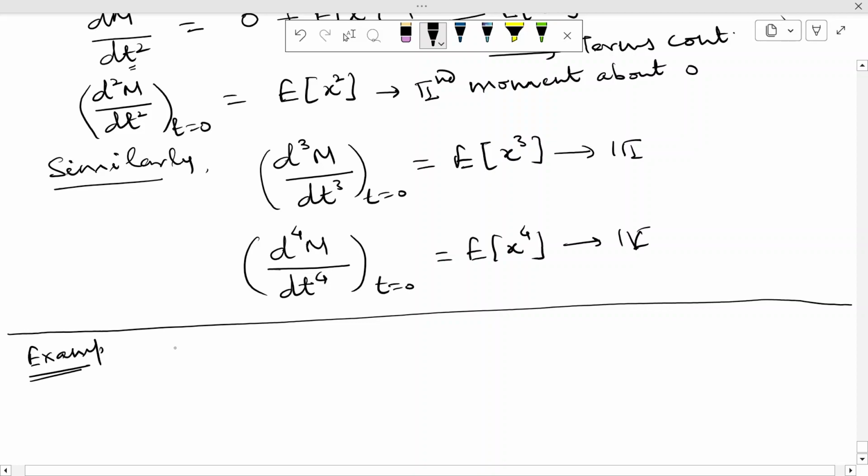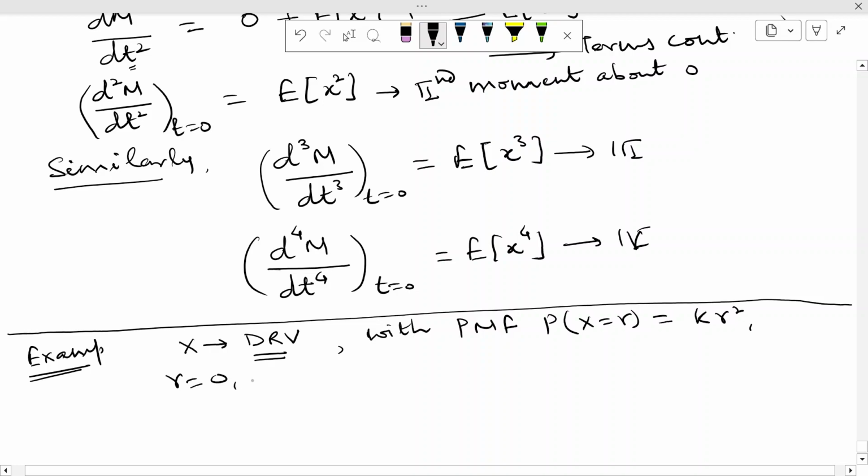So let us first discuss this example. Here we are given that x is a discrete random variable with the probability mass function probability of x equals r as k r square, and the values of r are given as 0, 1, 2, 3.